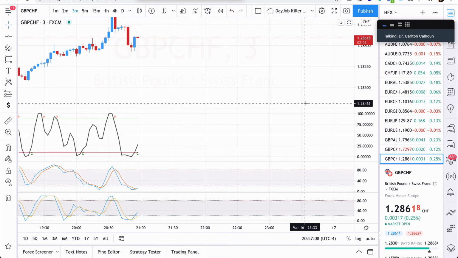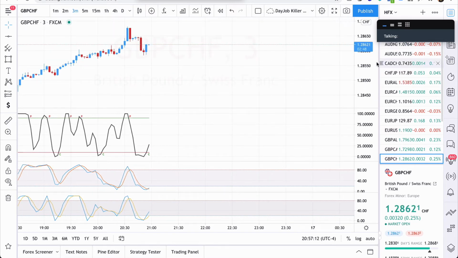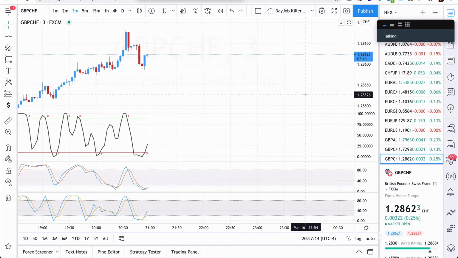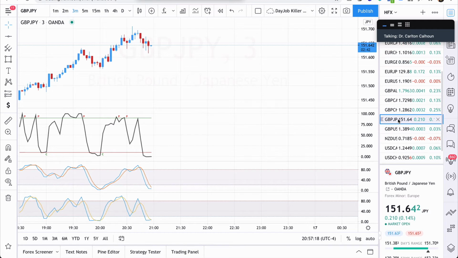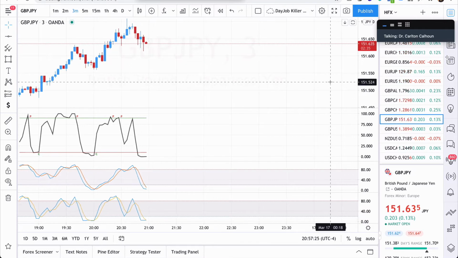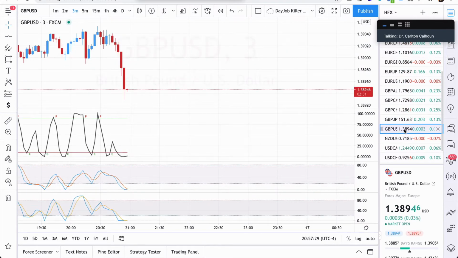All right. Let's see what else we have. We look for a potential call on GBP JPY. If we get a little push up soon, you should get a C there too. Look for a potential call on GBP USD.